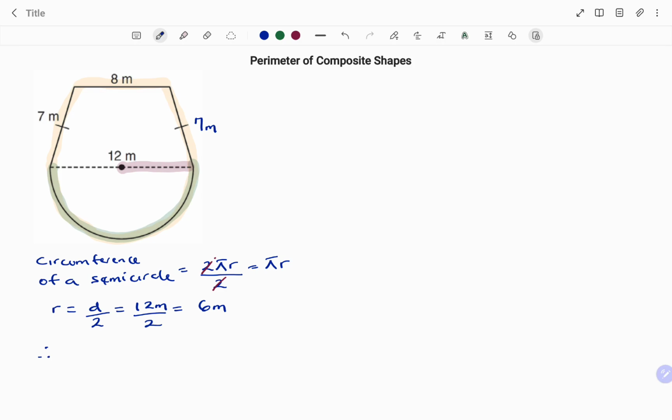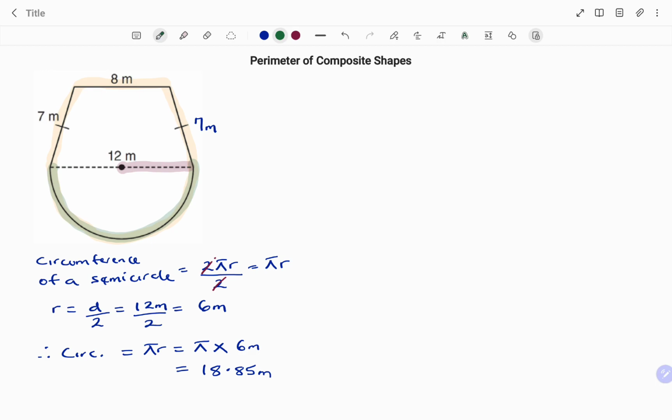Therefore, the circumference of the semicircle is pi times 6 meters, which is 18.85 meters to 2 decimal places.